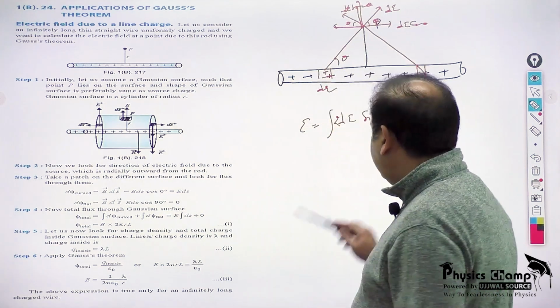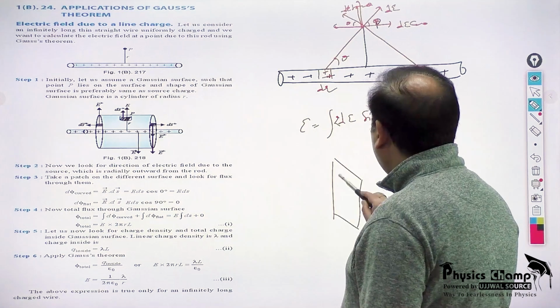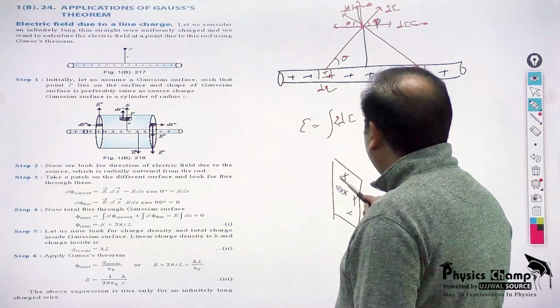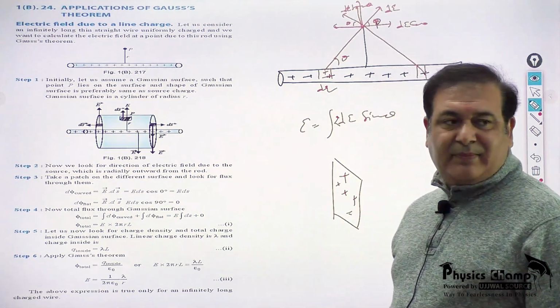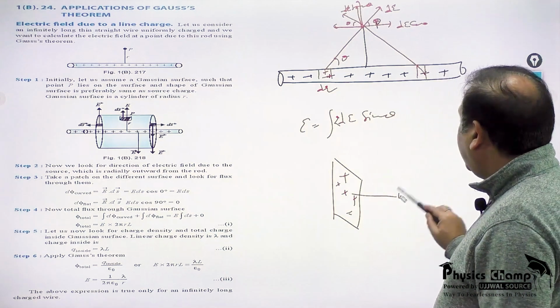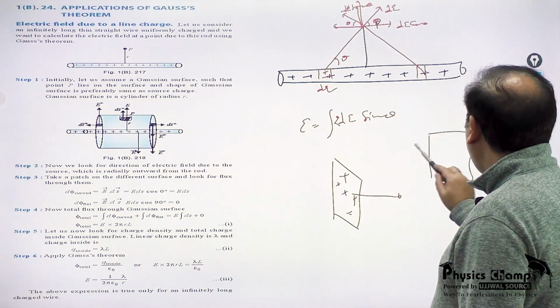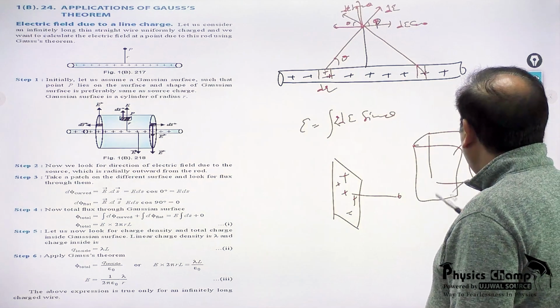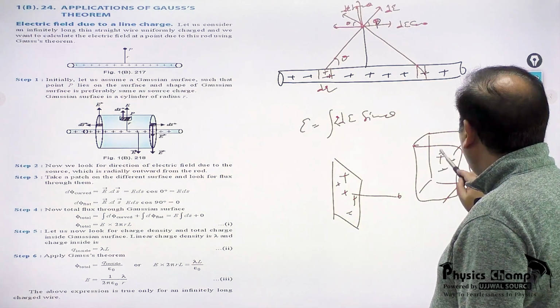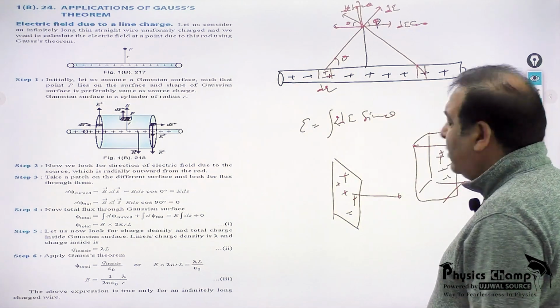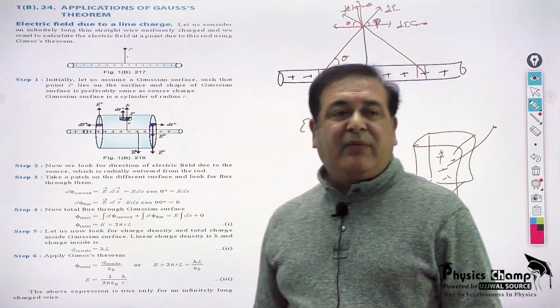Same is the case when you have a charge distributed maybe on a surface and you are looking for the electric field due to it, or maybe when you have a charge distribution in a volume and due to that you are looking for the electric field at some point.